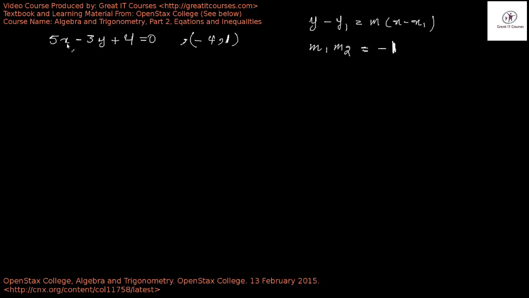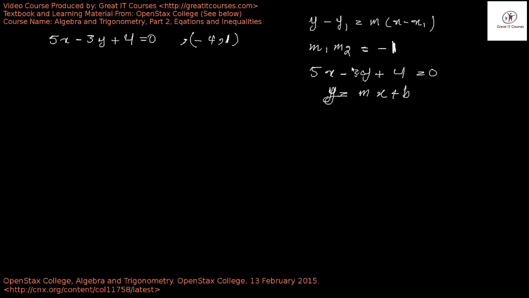So now let's find out what the slope of this line is, and you can write it as 5x minus 3y plus 4 is equal to 0. And in order to find the slope, you basically need to write it in the form y is equal to mx plus b.